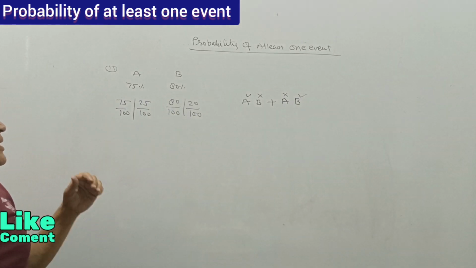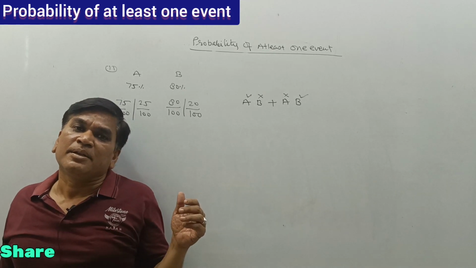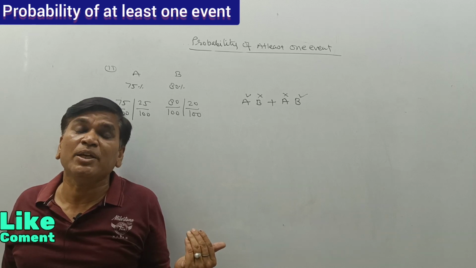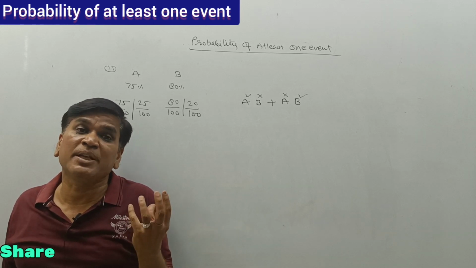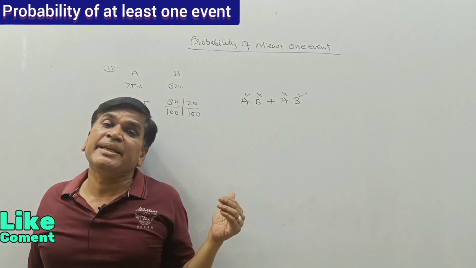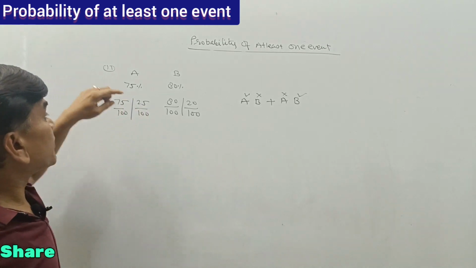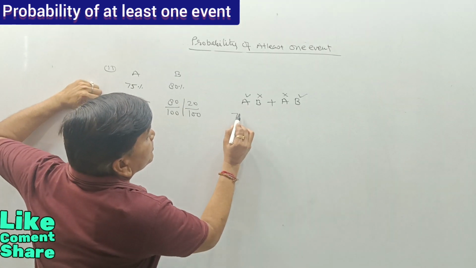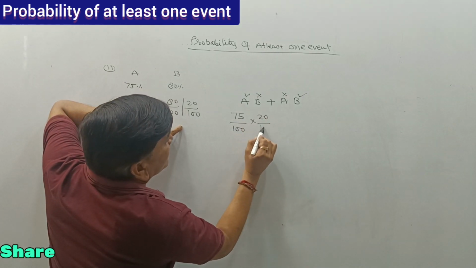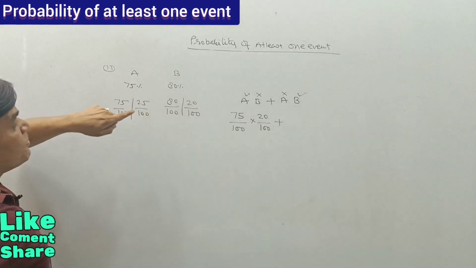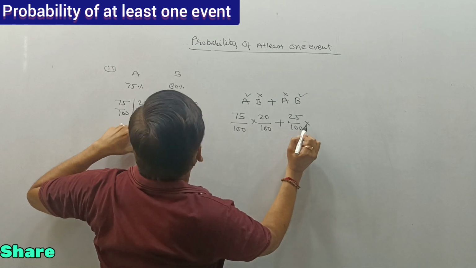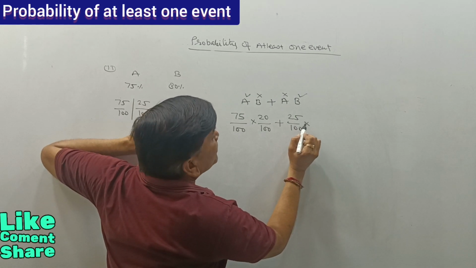Whenever we get 'or', we always use plus. So the probability of A saying truth is 75 by 100 and B saying a lie is 20 by 100. The probability of A telling a lie is 25 by 100 and B speaking truth is 80 upon 100.